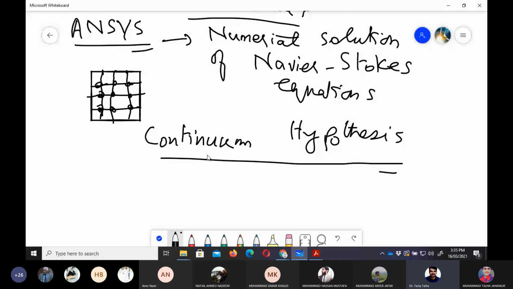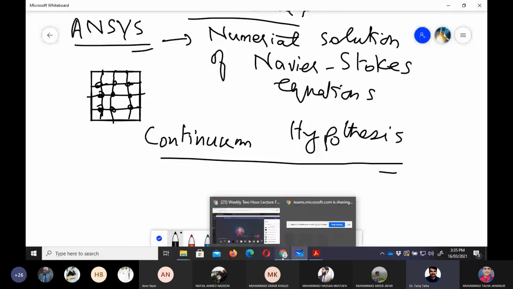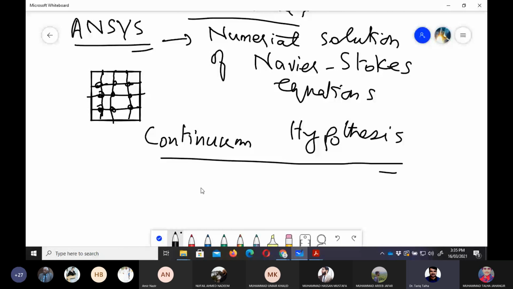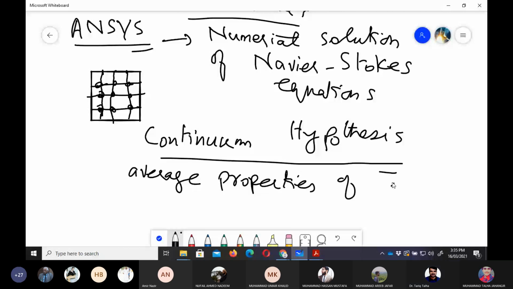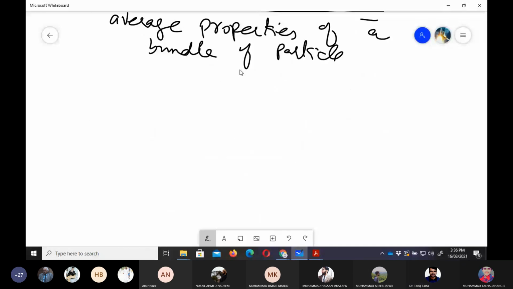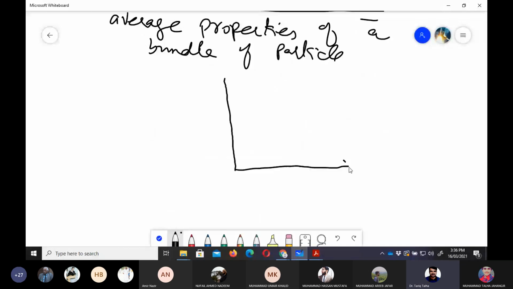You are correct that in continuum analysis we say that we are not considering the properties of individual molecules, rather we take average properties of a bundle of particles, so that whenever we plot some property like pressure, velocity, or temperature, it would be a continuous function.